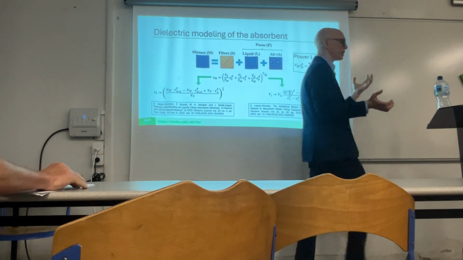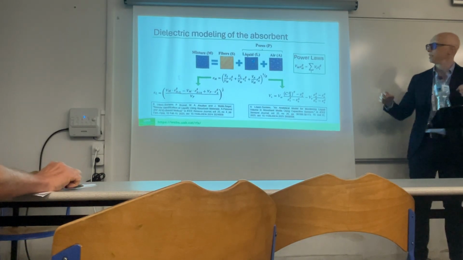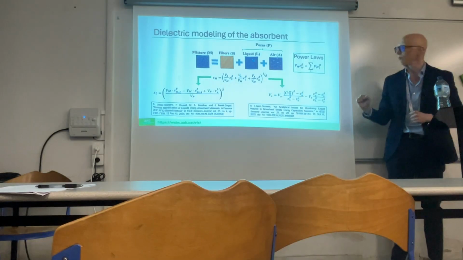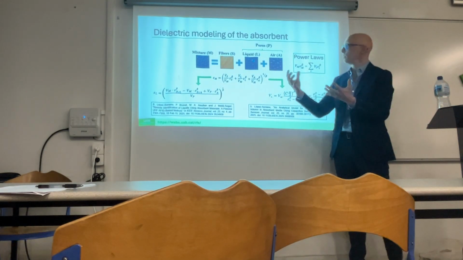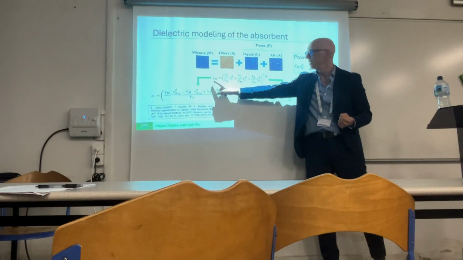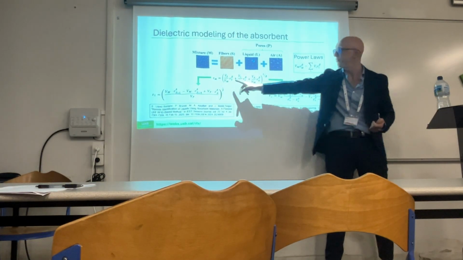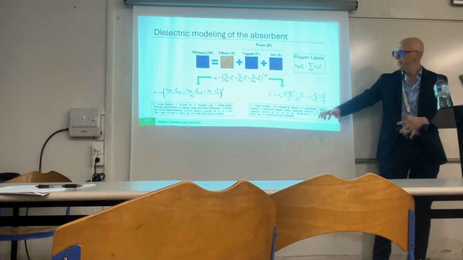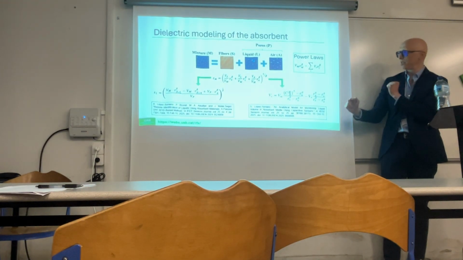So in the beginning it will contain all liquid, and then it will start evaporating and it will start being filled with air. So for simulation purposes, we can use this formula and compute the mixture permittivity for different liquid volumes and air volumes. And this formula can also be arranged in different ways.